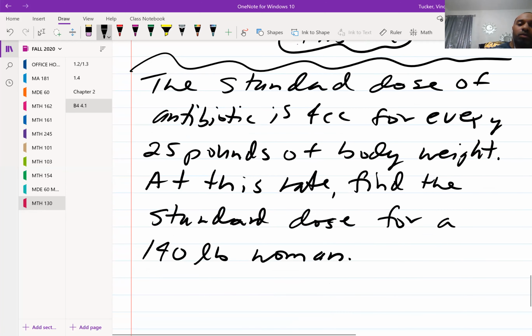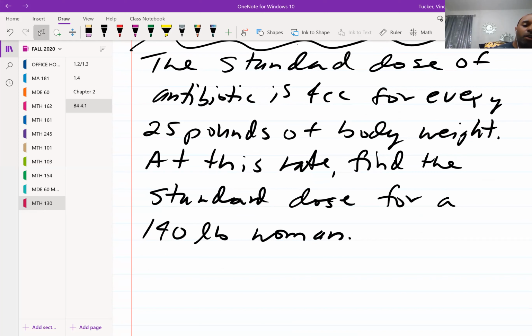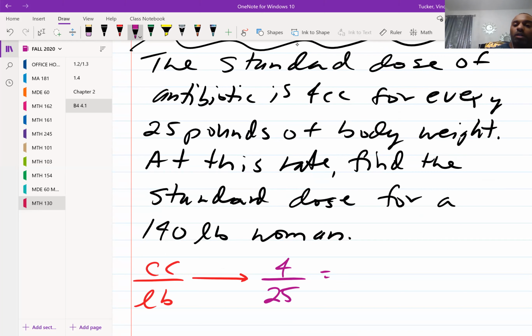So once again, you just want to be consistent in how you set it up. If I'm going to do cc's over pounds, then we just have to be consistent when you set up your proportion. So we're looking at 4 cc's for every 25 pounds. Then it says at this rate, what is the standard dose for a 140-pound woman?